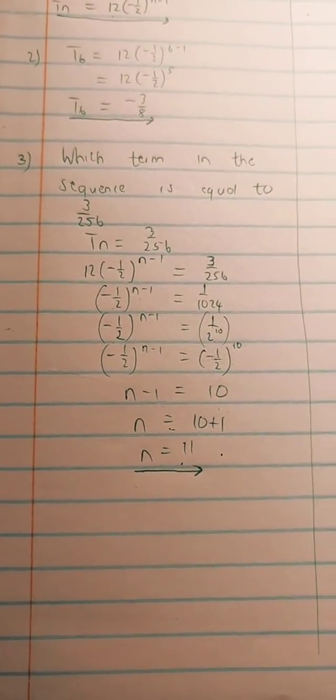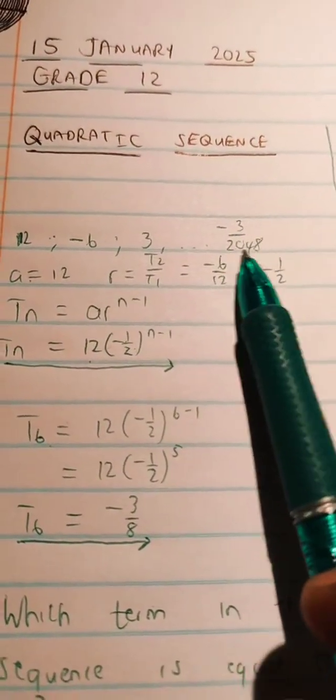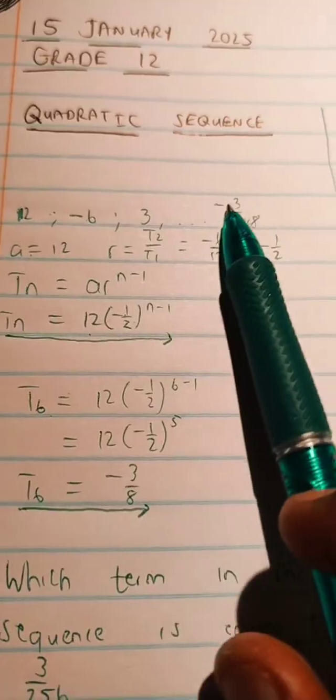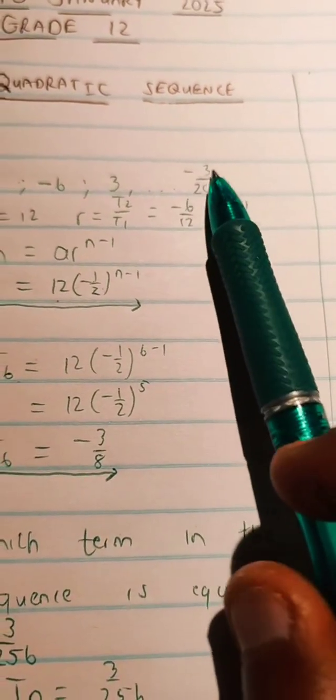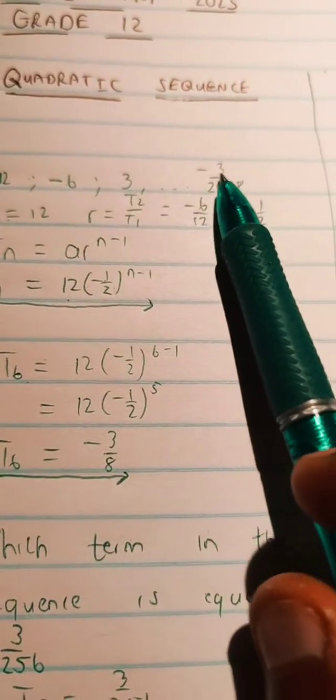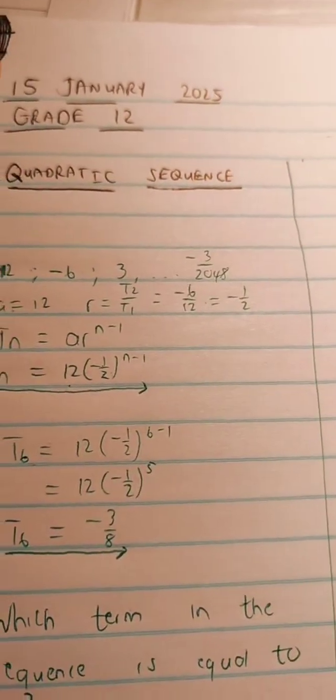What is the position of the last term in the sequence? Currently, this is the last term, minus 3 over 2048. So we want to find out what is the position of the last term in the sequence. In the same way, guys, just take Tn and equate it to the value of the last term.